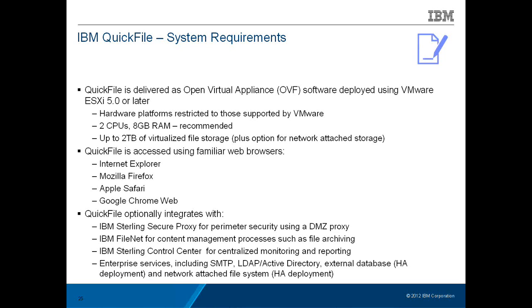It's an open virtual appliance that runs on VMware ESXi 5.0 or later. It comes pre-built with 2 CPU, 8 GB RAM. It's recommended to have this infrastructure. It's a completely hardened platform, so there is no network breach or any security breach onto the system.